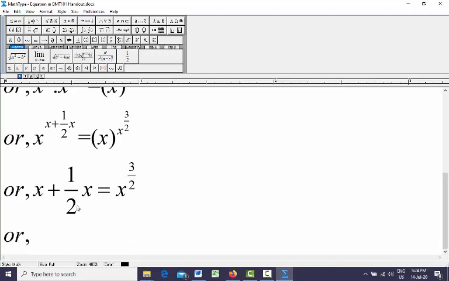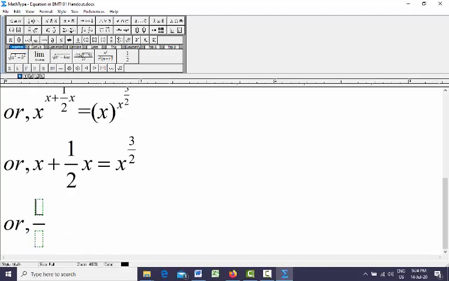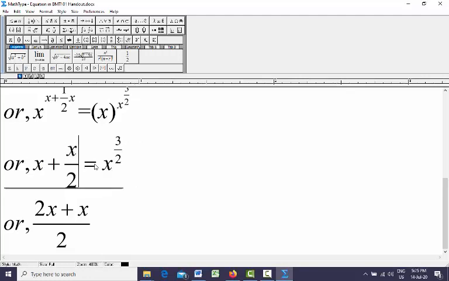So now x plus 1 by 2 x is equal to x. Here we will have twice x plus x, divided by 2, because this x will be multiplied by this 1, so we can write the x here, right?